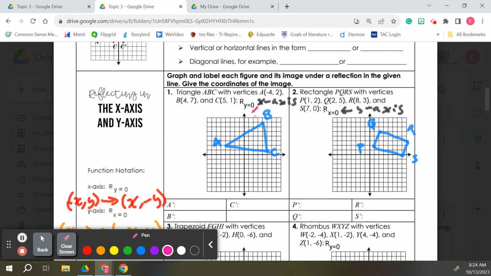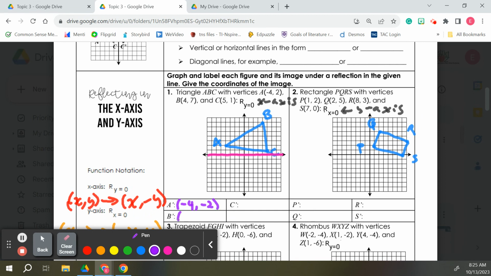All right, if we take a look at this, we have ABC for number 1, and they want us to reflect this over the x-axis. So here is where y equals 0. I'm just going to draw that line of reflection. Now, if I apply this rule, it ends up being very easy, and I'm going to represent the reflection in purple. For point A, we're going to have -4, comma, -2.